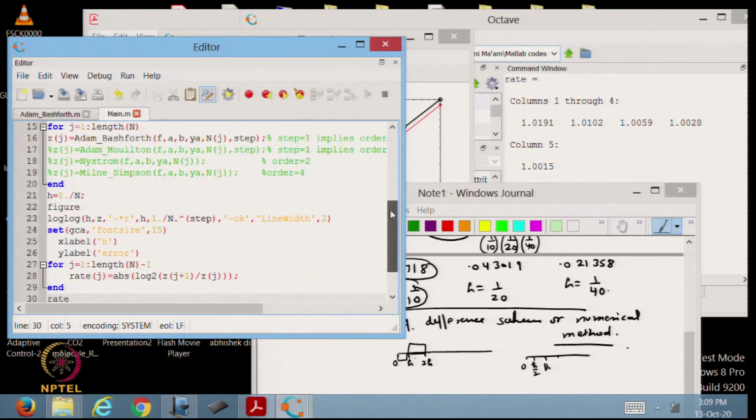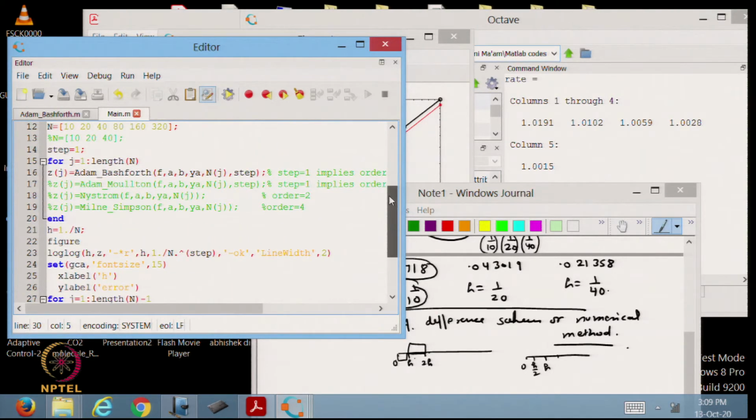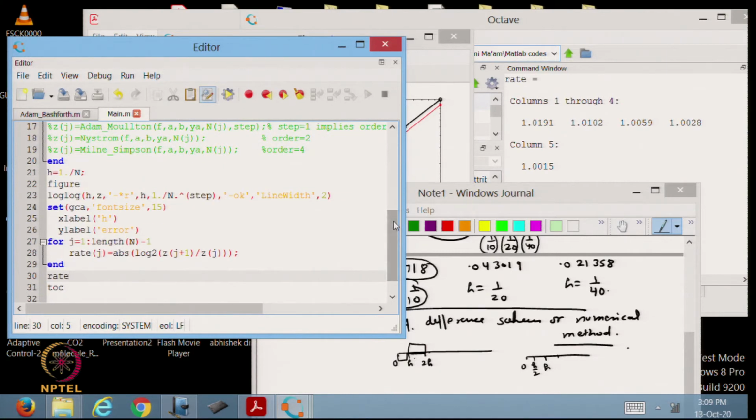Because we have saved the value of z corresponding to j for each h, that is why here we are writing zj plus 1 divided by zj.